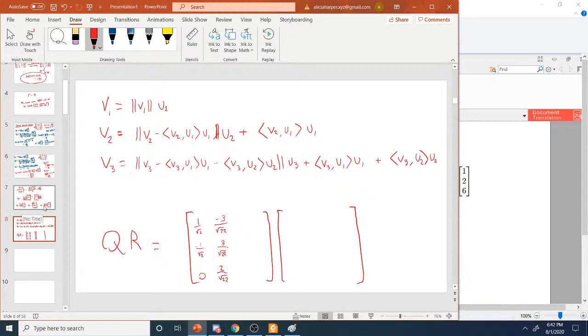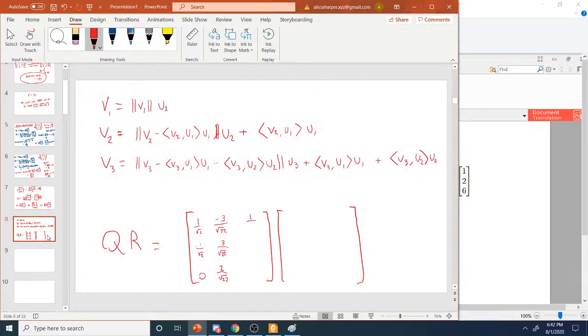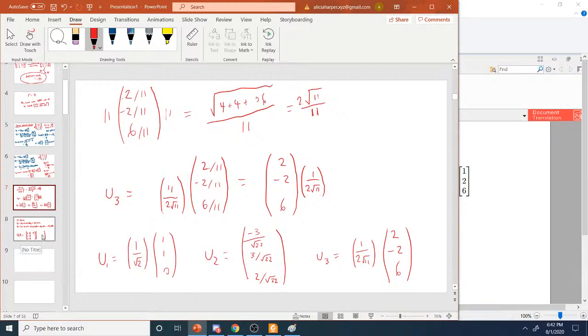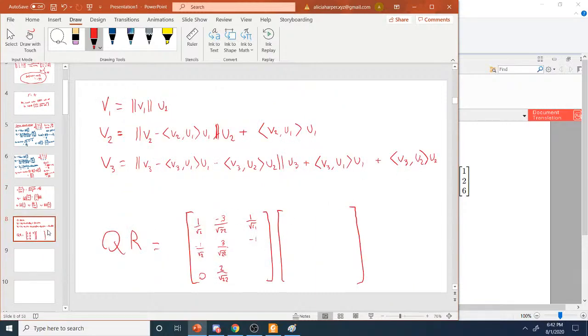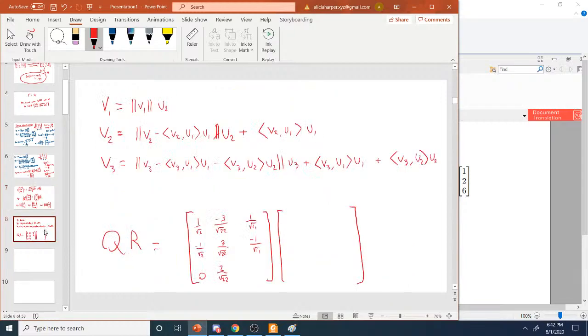And for our final column, 1 over the square root of 11, negative 1 over the square root of 11, and positive 3 over the square root of 11. And this is our matrix Q.